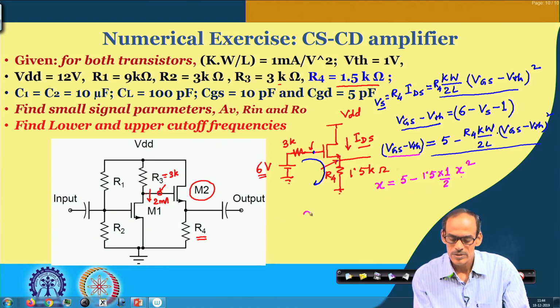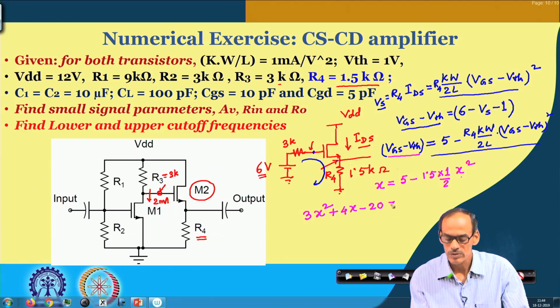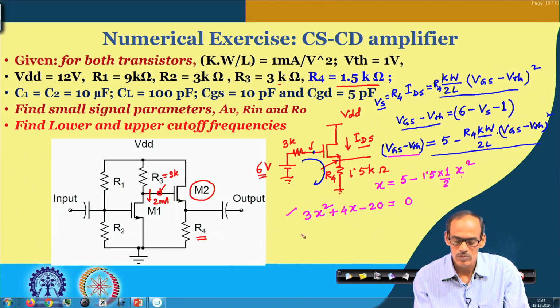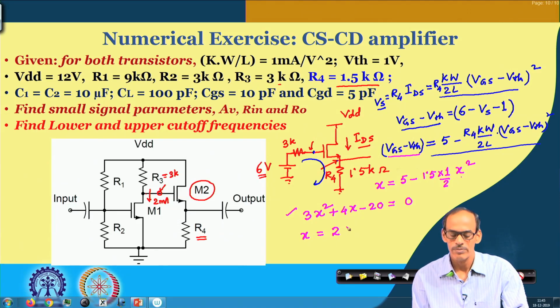That gives us 3x square plus 4x minus 20 equal to 0. If you solve this second order equation, you will get one solution, x is equal to 2. You will get another value of x also, but that value is impractical.